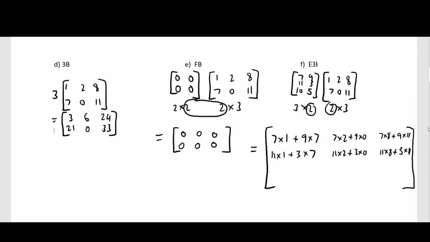Okay. Last one, we're going to have 10 times 1 plus 5 times 7, 10 times 2 plus 5 times 0. We have 10 times 8 plus 5 times 11.